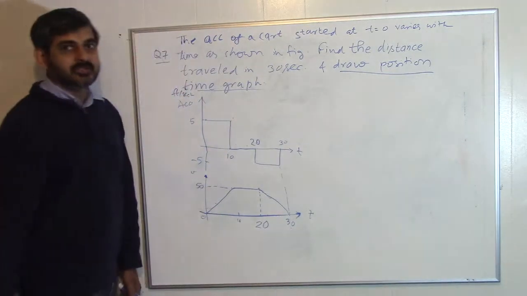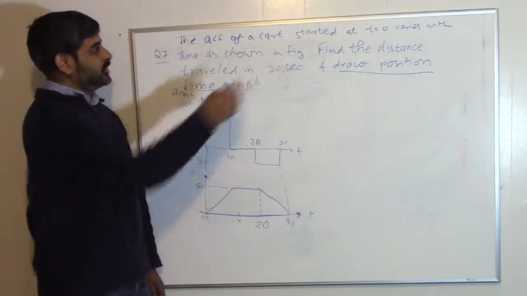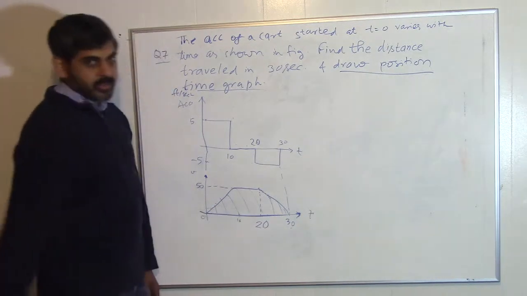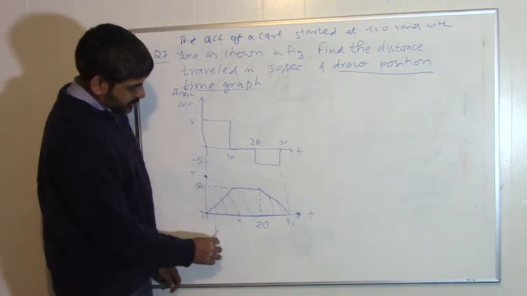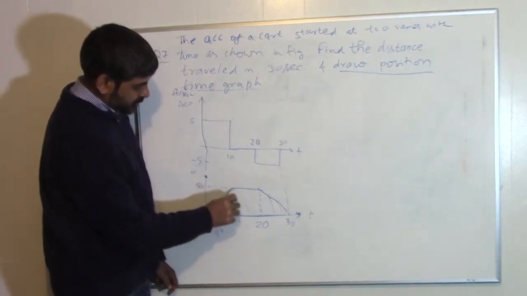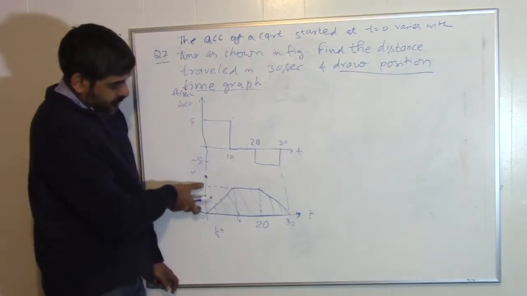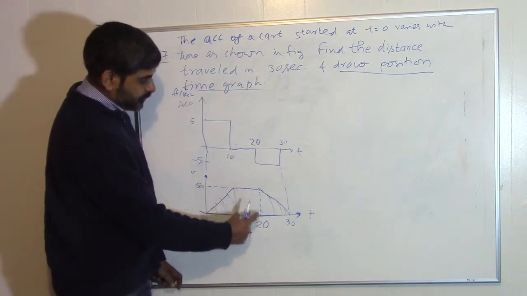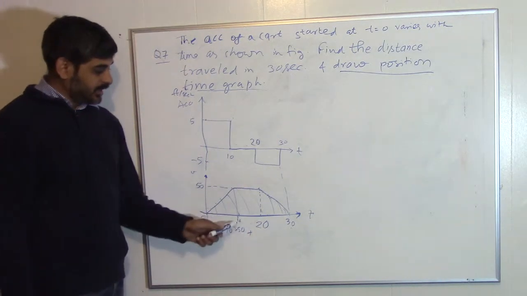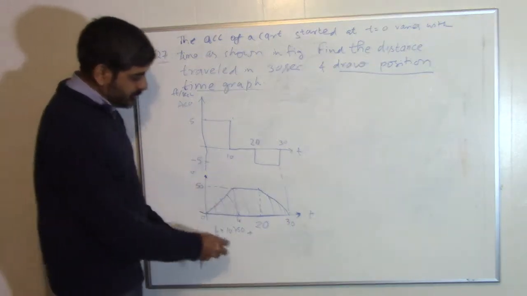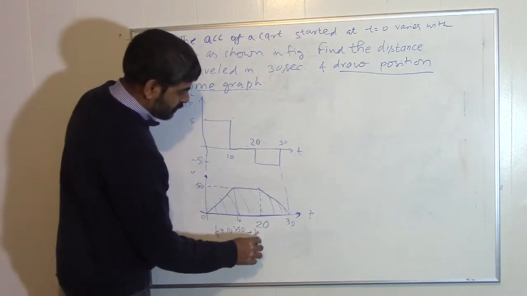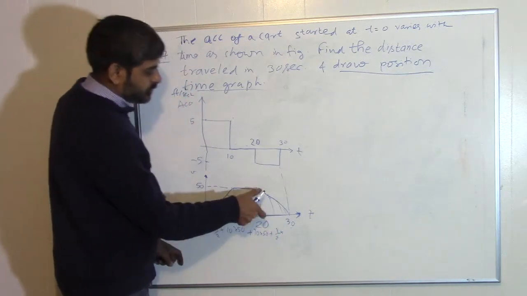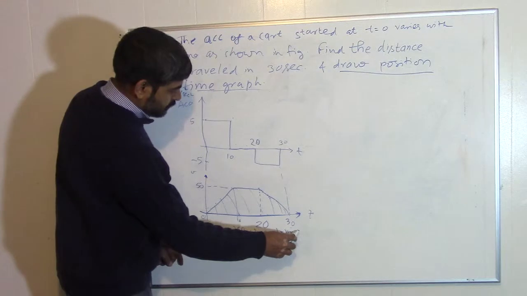Now to find out the distance traveled, you just find the area of this graph. The area of this triangle is half into base 10 multiplied by height 50, plus area of this rectangle, 10 multiplied by 50, which is 500, plus half of base into height, base is 10, height is 50.